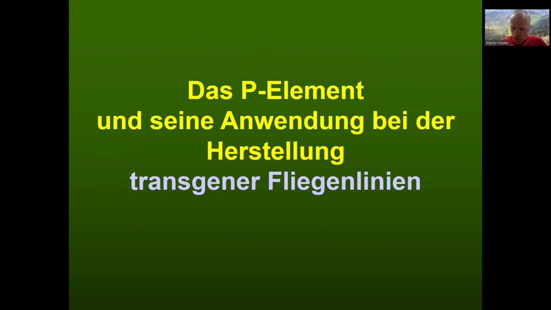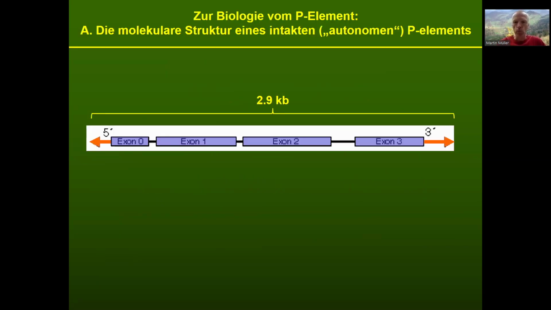So we will spend now a little bit of time to look at how the P element looks and how it was engineered to make it a tool to make transgenic fly lines. So this is a P element, the transposon.